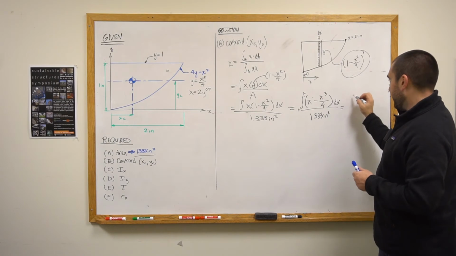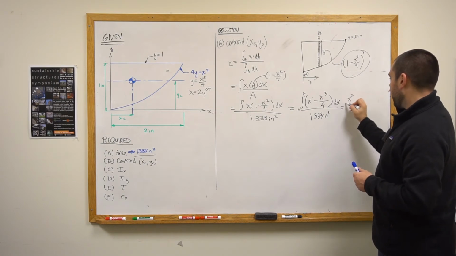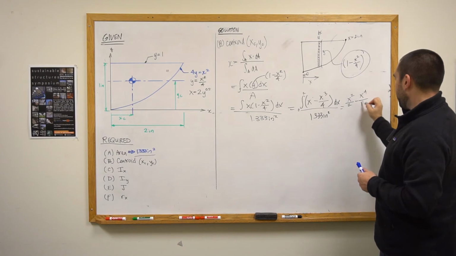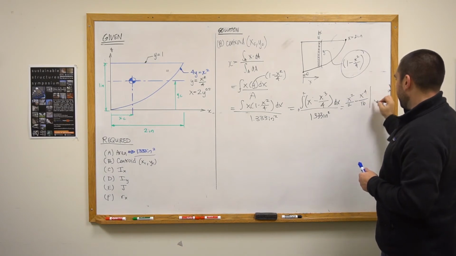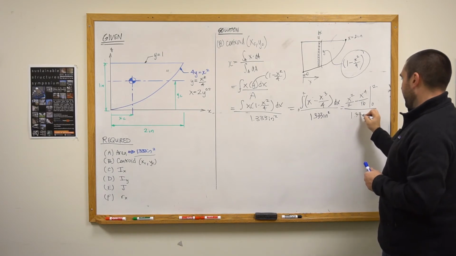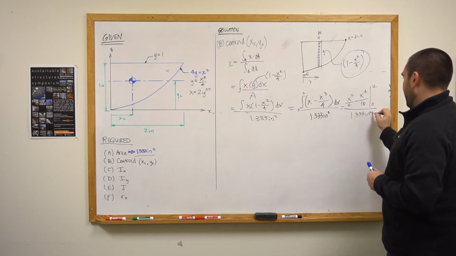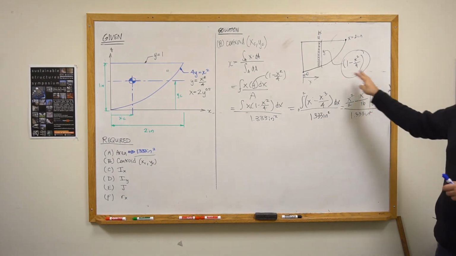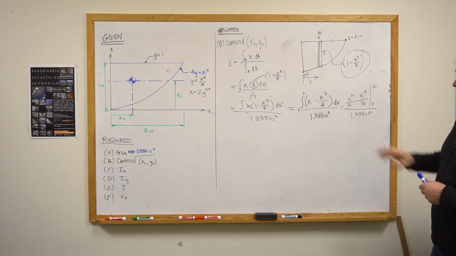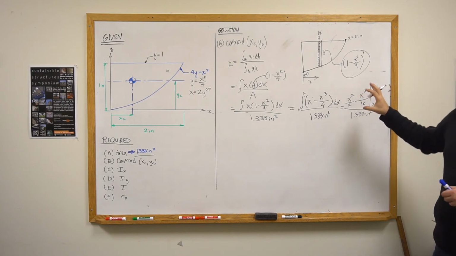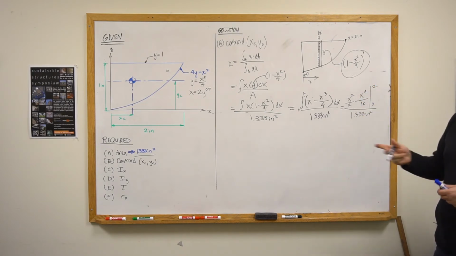Finally I get x squared divided by 2 minus x to the 4th divided by 16, evaluated at 0 and 2, and then finally divided by 1.333 inches squared. Now, it might not be obvious because we haven't been tracking the units in our integration, but the units on top are going to be inches cubed.